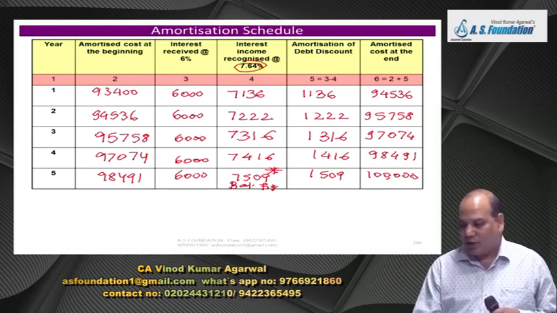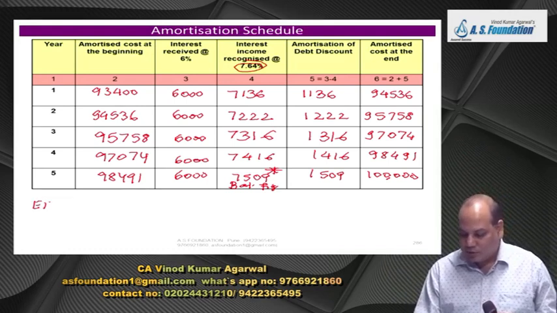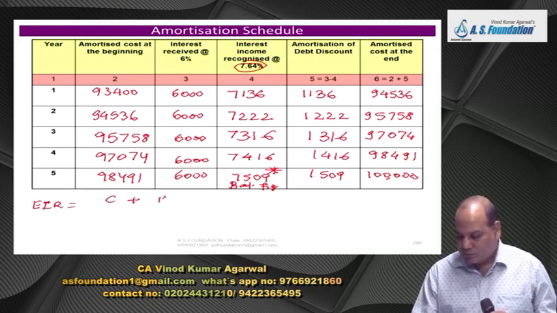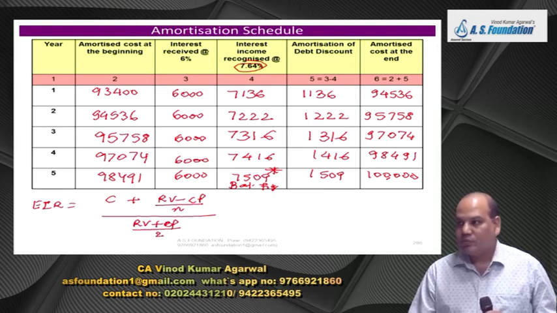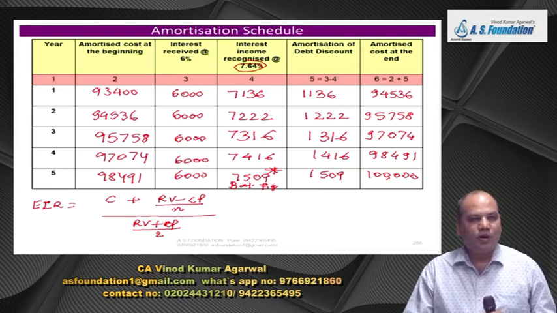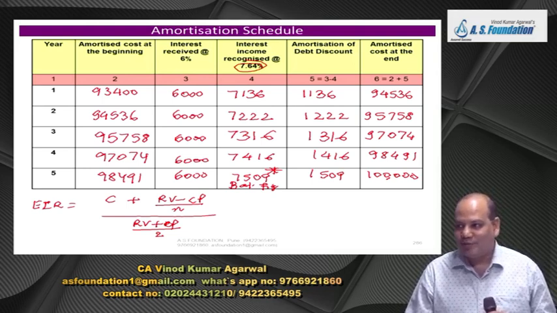So write one direct formula for EIR in the exam because the IRR method is lengthy. C plus (RV minus CP) upon N, upon (RV plus CP) upon 2. This is the formula for cost of capital in case of debenture. This is the formula for YTM in case of a bond. Is it right?